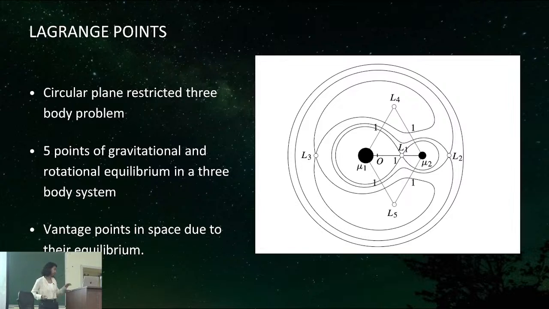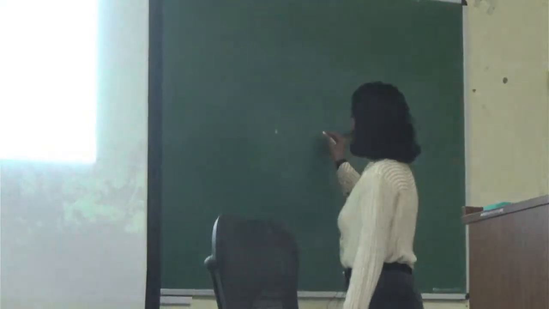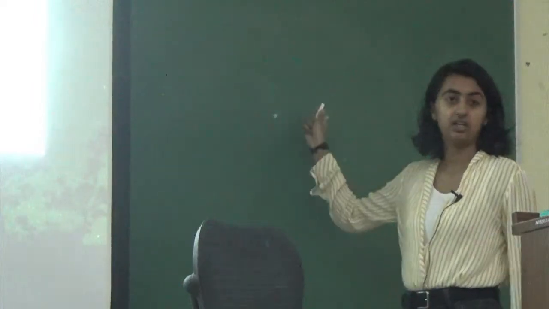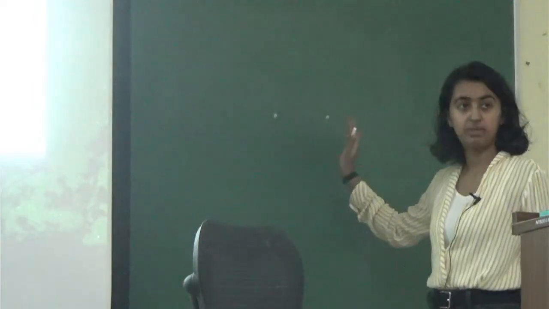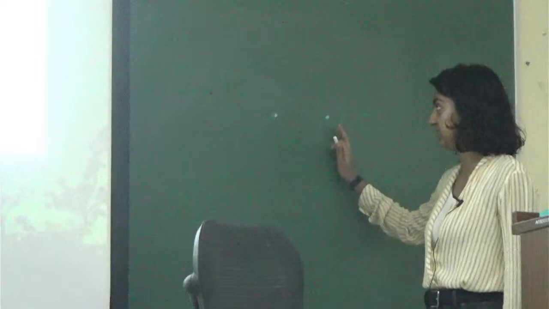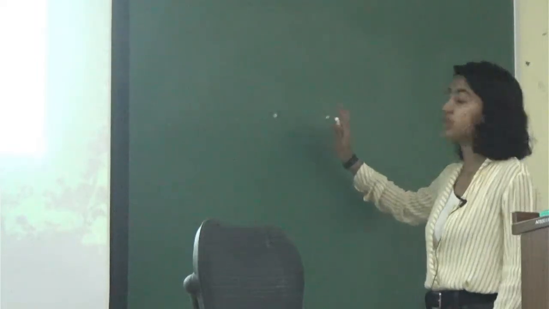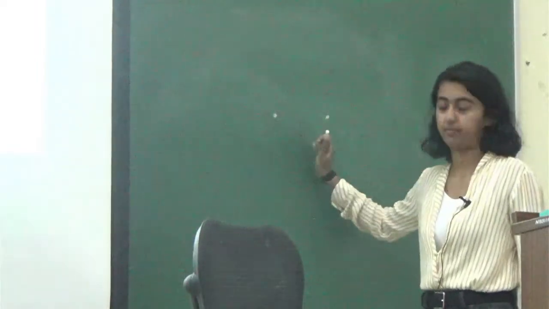Now, how do we set up this problem? I'm going to say there is one mass and there is another one. These two are in a mutual orbit. They're mutually orbiting each other, gravitationally affecting each other. And we're going to say they're moving in a circle.